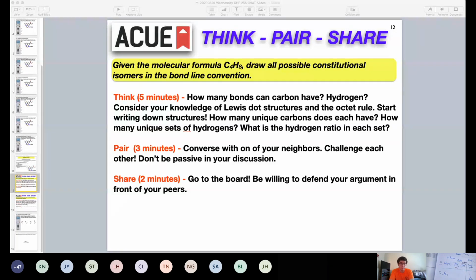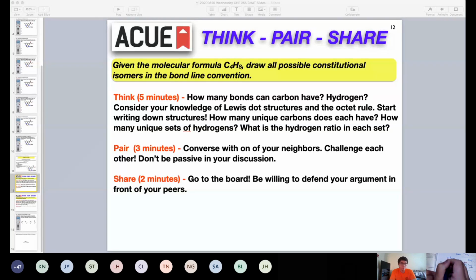These are the C4 constitutional isomers. The parent carbon chain for C4 is called butane. But because we have a pi bond, this is an alkene, so it's butene. B-U-T-E-N-E.